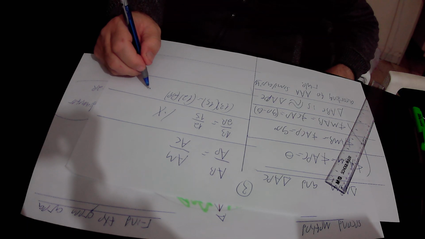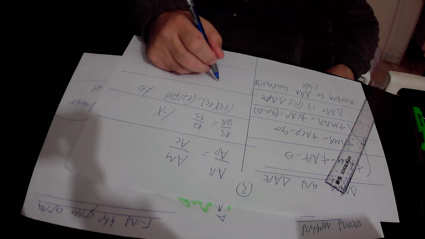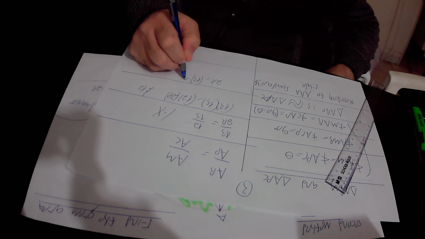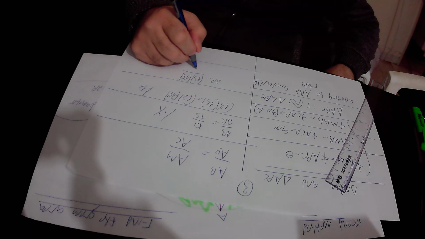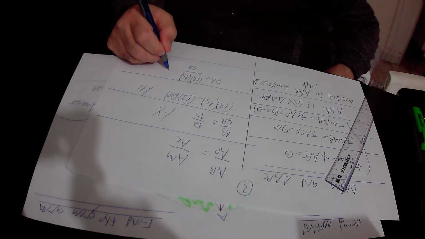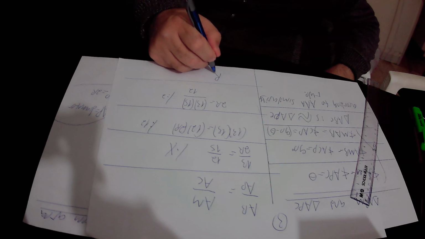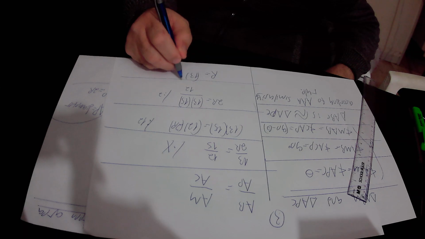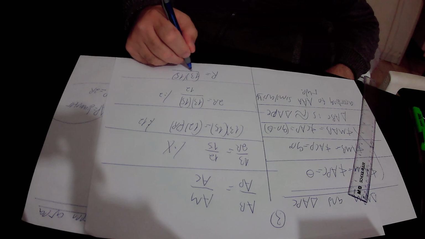Here we divide this equation by 12 and we get that 2R equals 13 times 15 over 12. Here we divide this equation by 2 and finally we get that R, the radius of the circle, equals 13 times 15 over 2 times 12.